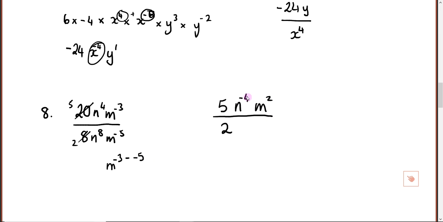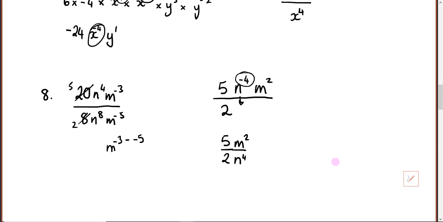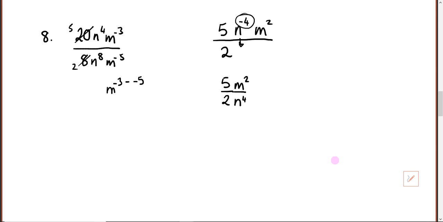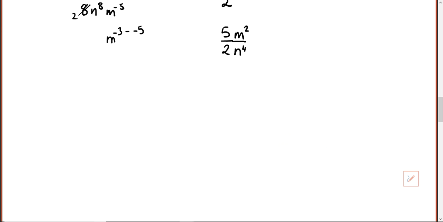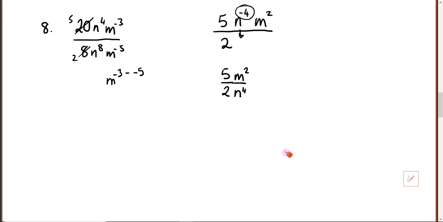So what does this do? Well, the negative means this one ends up down here. So we've got 5 divided by 2, and we've got n to the power of 4 and m to the power of 2. Okay? What did you get? 20 divided by 8. Yes, it is. Right.